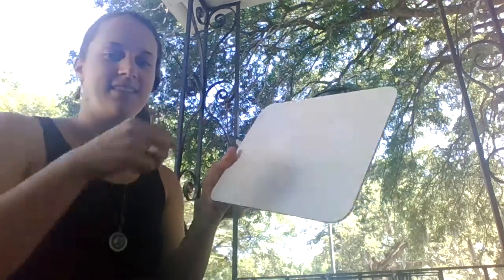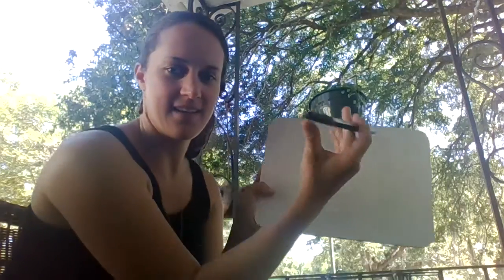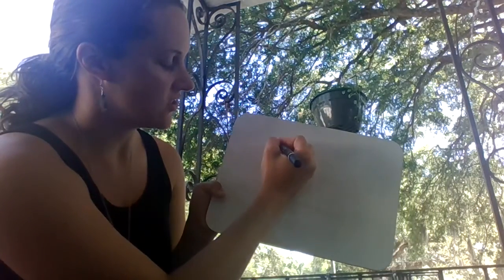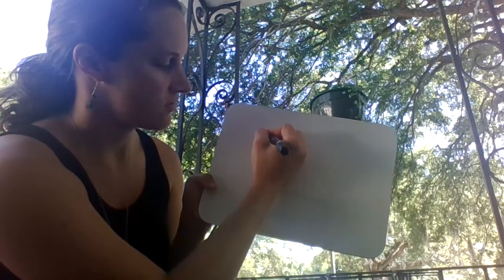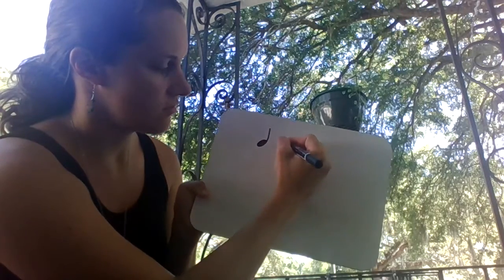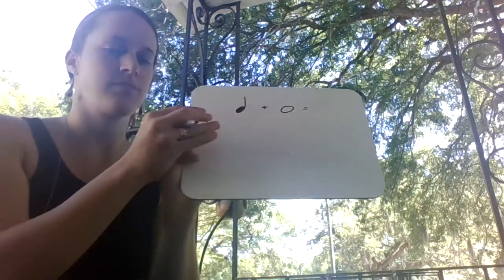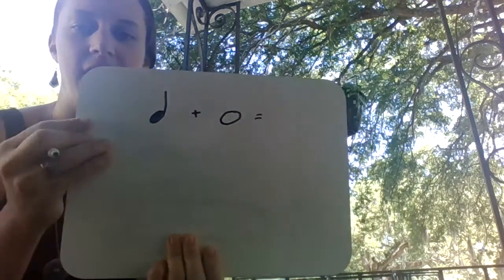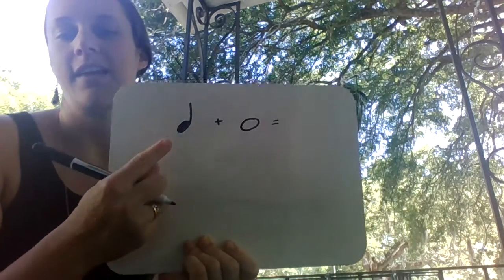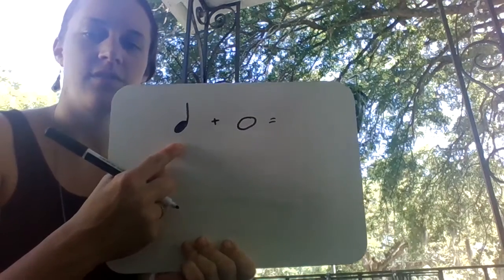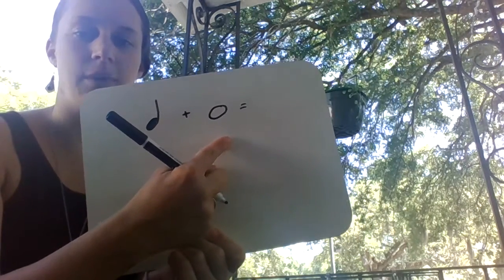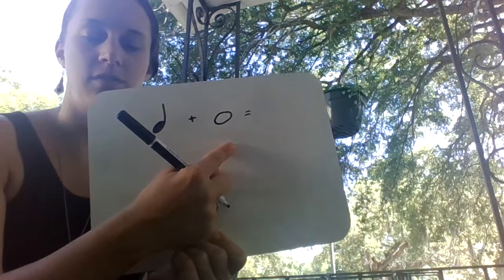Let's do a couple more. Let's do quarter note plus whole note. I'm going to give you a second to think about it. Think of how much a quarter note is worth plus how much a whole note is worth.